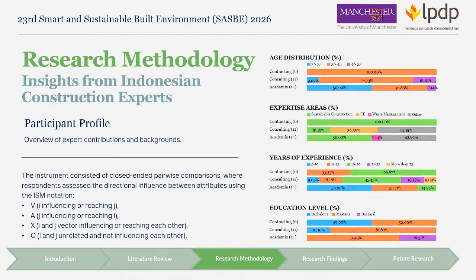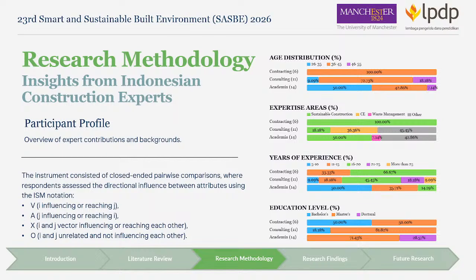Then this is the participant profile. We use the ISM model with the notation VAXO, which is commonly used as a tool to determine the different relationships among the attributes. We deliver information about age distribution, expertise areas, years of experience, and education level.